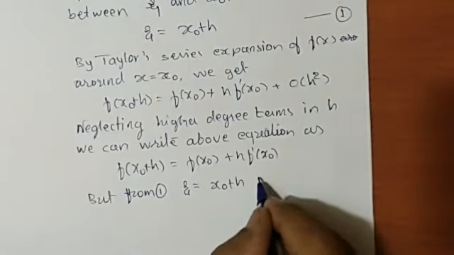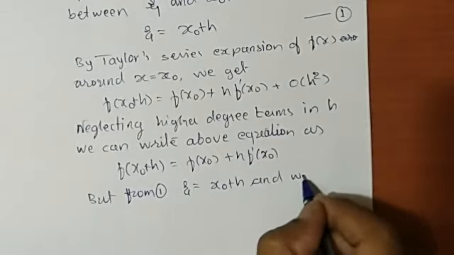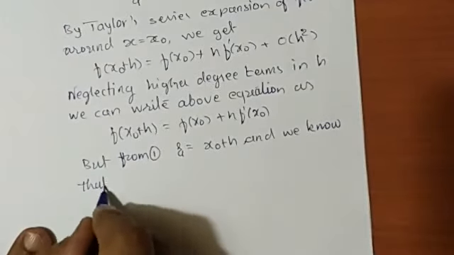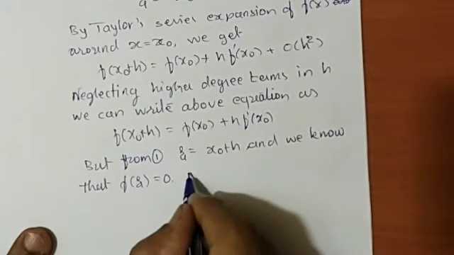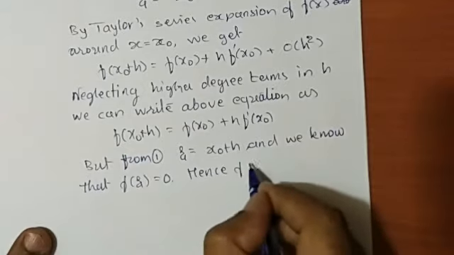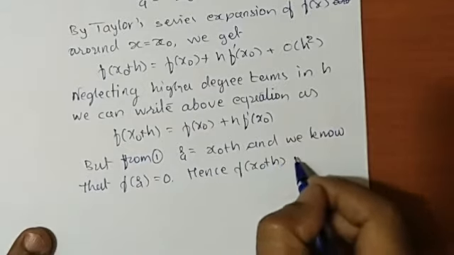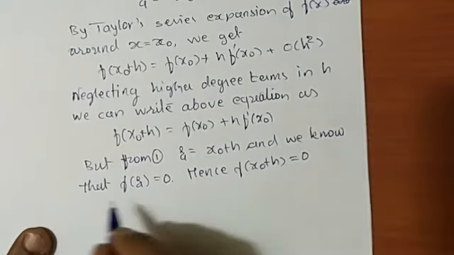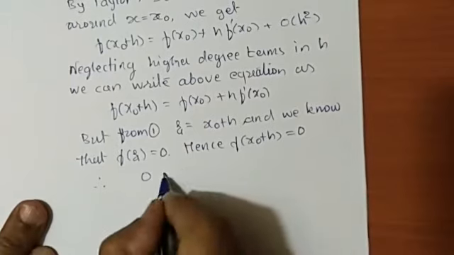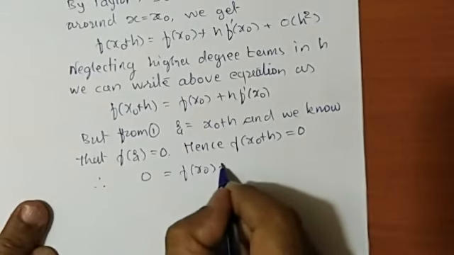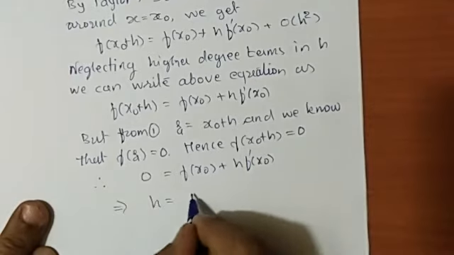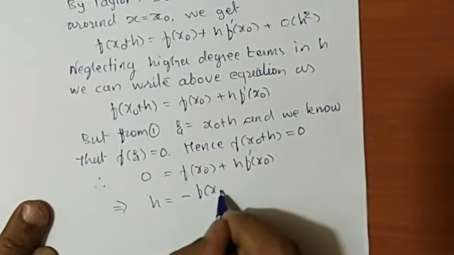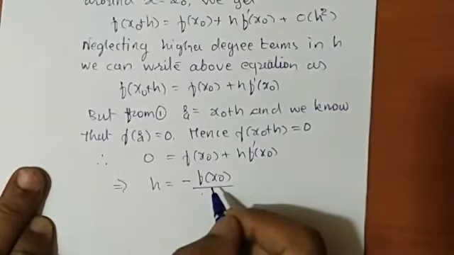Therefore, and we know that f of xi is equal to 0, hence f of x naught plus h also is 0. Therefore, 0 is equal to f of x naught plus h times f dash of x naught. This implies h is equal to minus f of x naught over f dash of x naught.